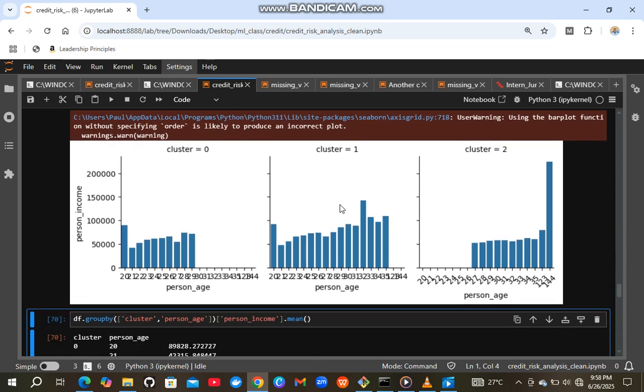So this cluster has the oldest people, and just from the visualization, you can see that people in cluster 2, the old people, and the young people in cluster 0 actually have on average lower incomes compared to the people in the middle cluster, because these are the people in the middle of their lives.